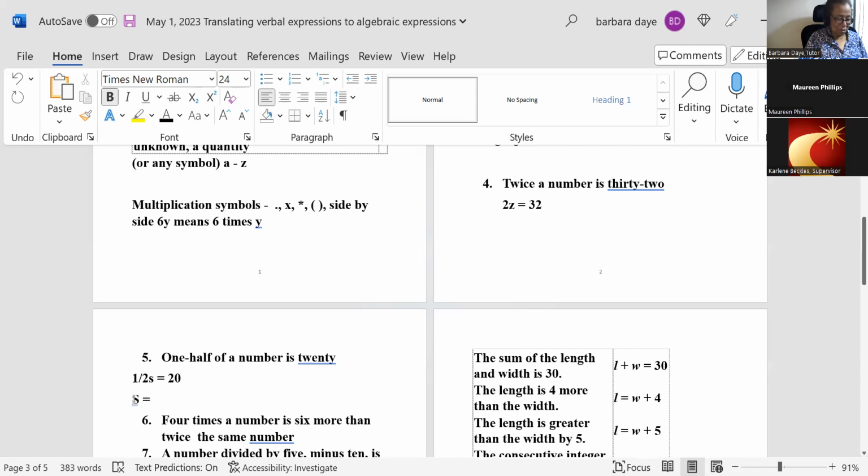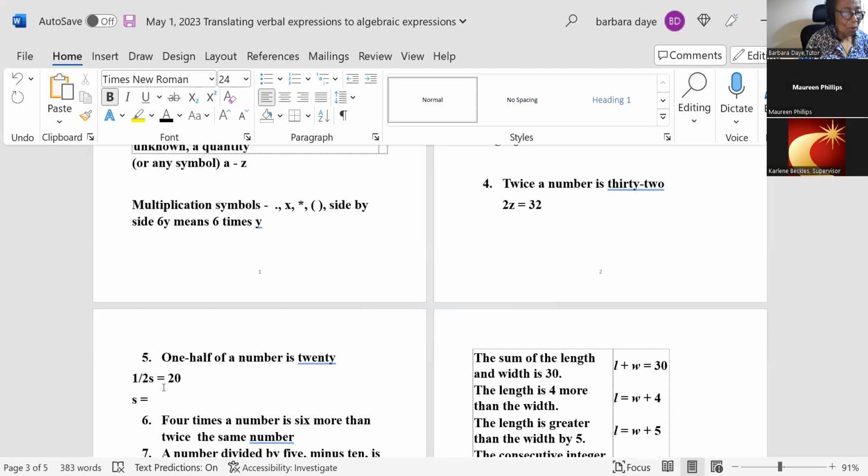1/2 of 5 is 2.5. If half of a number is 20, what is that number? What is S? 10. No, half of 20 is 10. $20, Maureen, what's half of $20? $10.